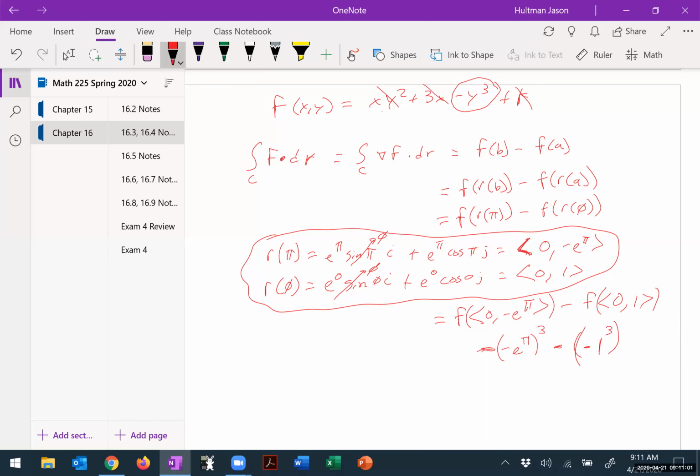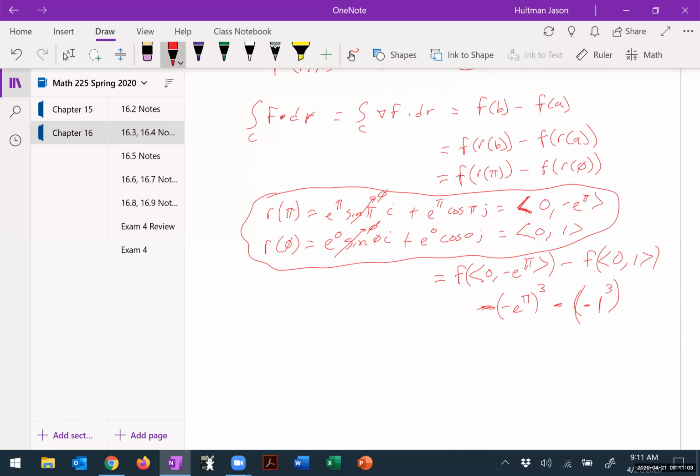So this negative cubed is going to be a negative, times the negative is a positive. This I can rewrite as e to the 3 pi. And this is a negative. This is going to be 4 negatives, which makes a positive. So plus 1. That's it. Done.